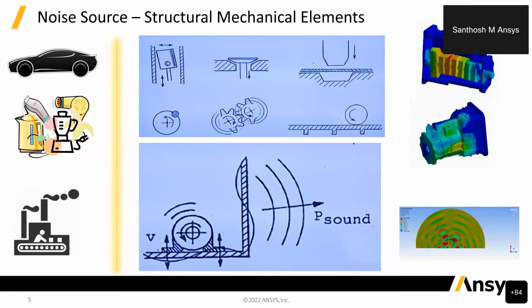It has little influence on the acoustic performance of the system. So majorly we will focus on the structural mechanical vibration or the stagnant flow acoustic devices. In the next webinar of this three-part series, we will focus more on flow related acoustics.